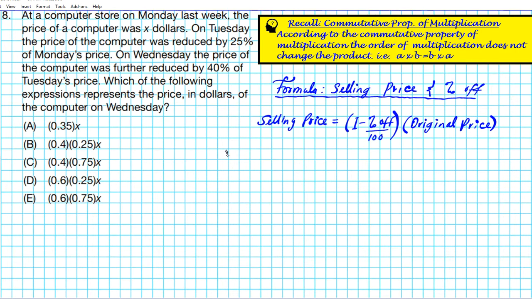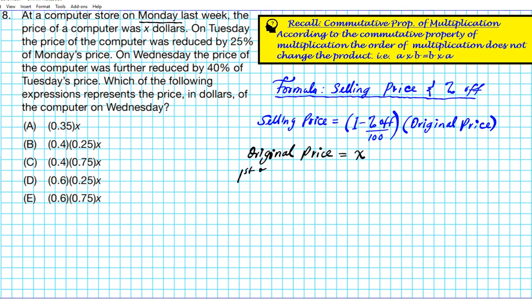Alright, so in this particular situation, the original price was the price of the computer on Monday. So let's write that down. The original price is X, so our resulting answer will be an algebraic expression. In this particular case, we have 2 discounts, one on Tuesday and one on Wednesday. Okay, so let's just put them in order.